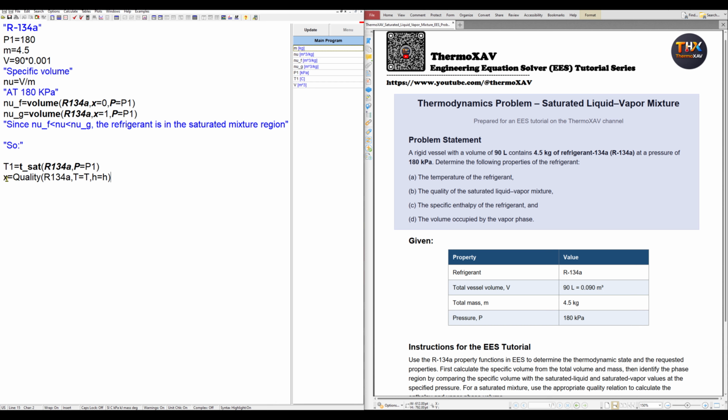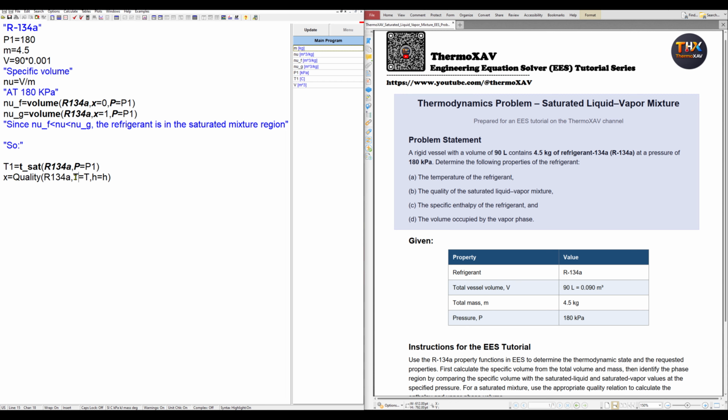I can call this X1, for example, or keep it as it is, since I can simply use it in the next equation. So I will keep it as X, quality for this refrigerant. But here we need to put two input data for this one, from the available data. I can simply use the pressure and the specific volume for this refrigerant.